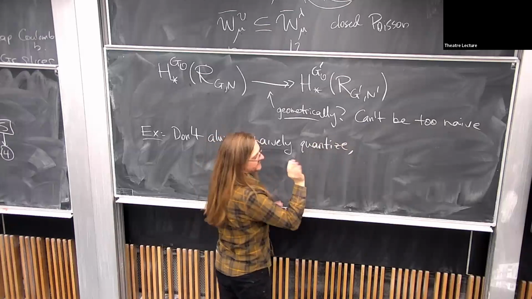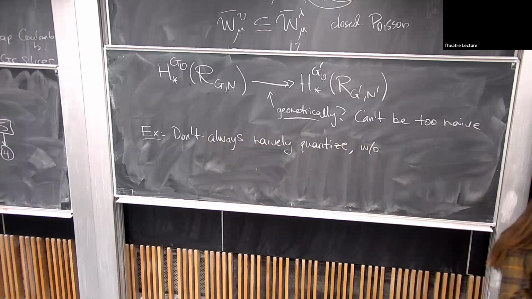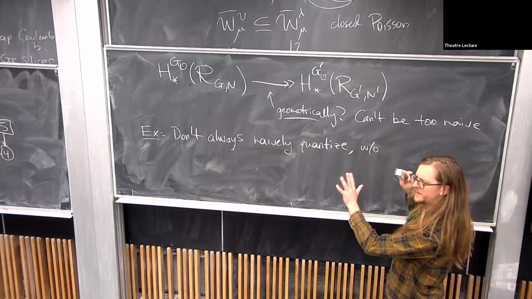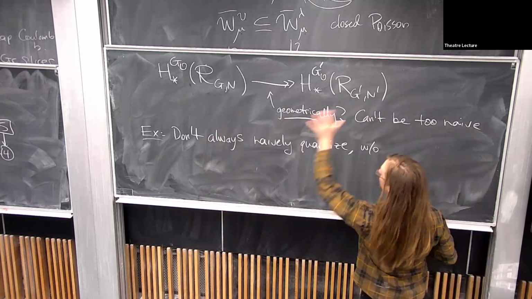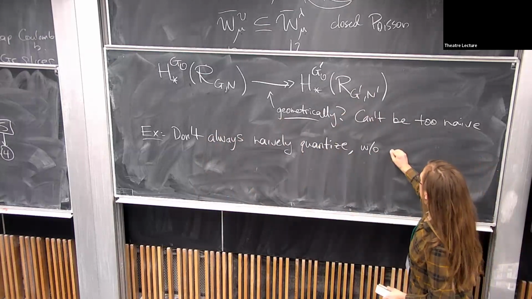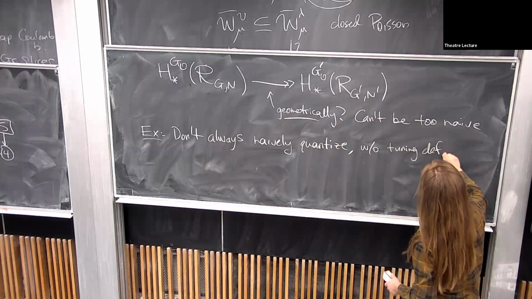With maybe a caveat, you can typically do something, but you need to be very careful about deformation parameters. Again, in Professor Nakajima's talk, he was talking about flavor symmetry, incorporating that on both sides. Somehow, if you finely tune it on one side and the other, maybe it will work without tuning the deformation parameters.